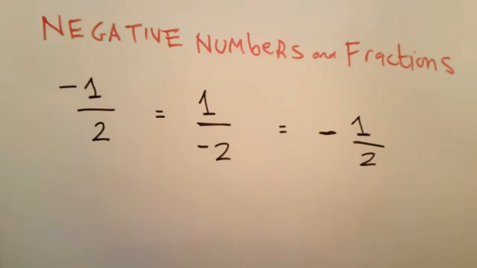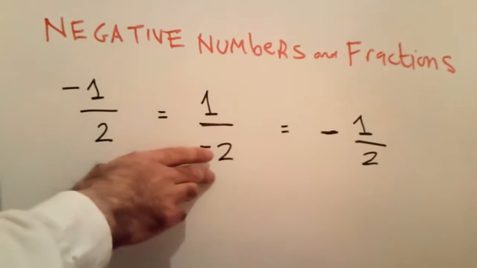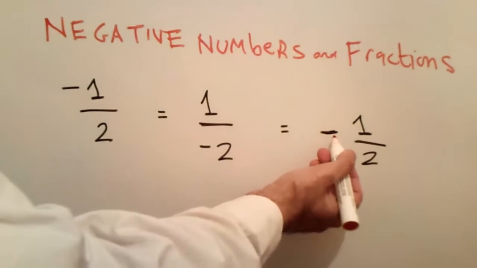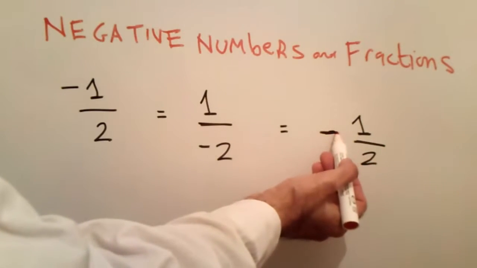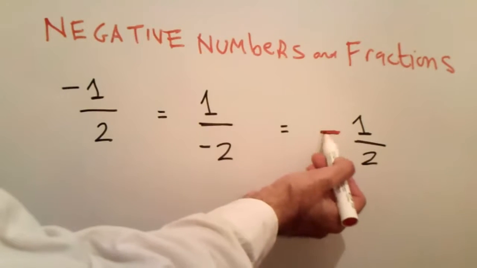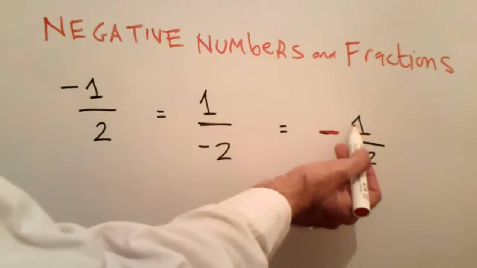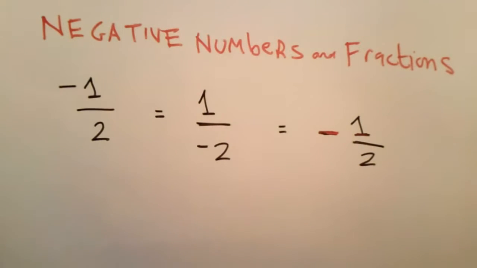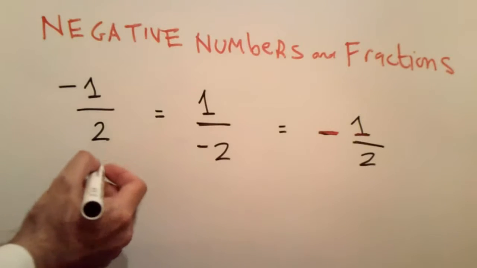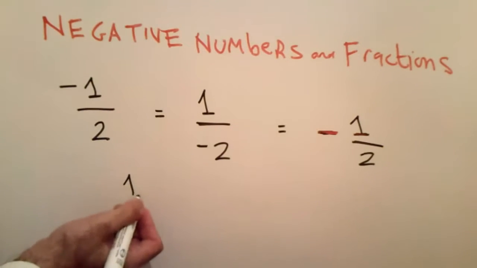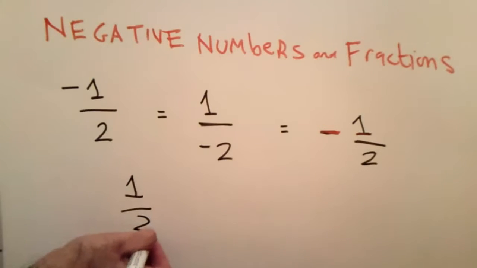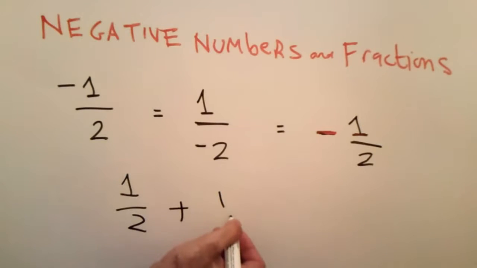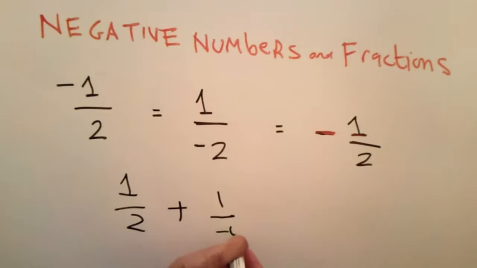So basically, if there's a negative number on the top or the bottom, we write the sign of the fraction right in the middle. So we can say it's -1/2. For example, let's say we had 1/2 plus 1/-4.